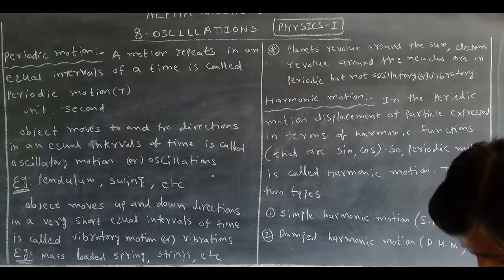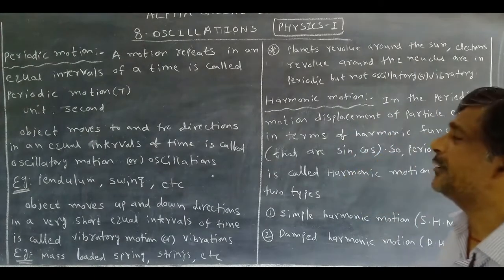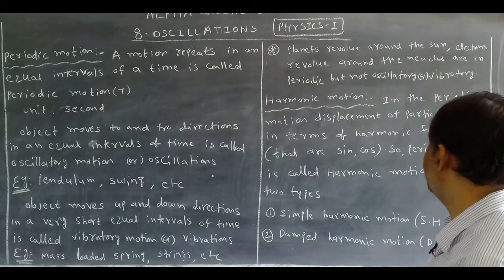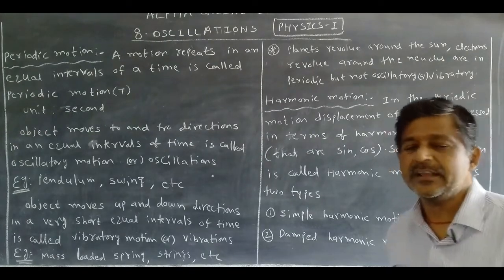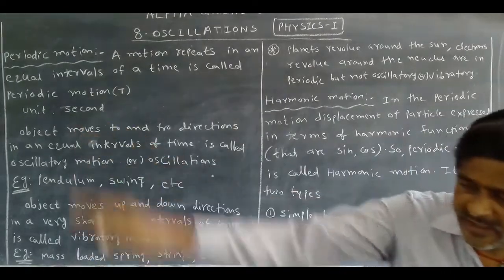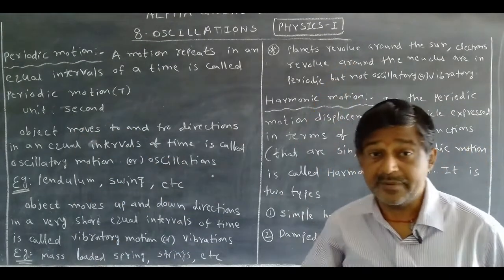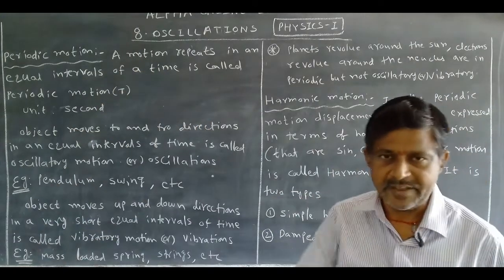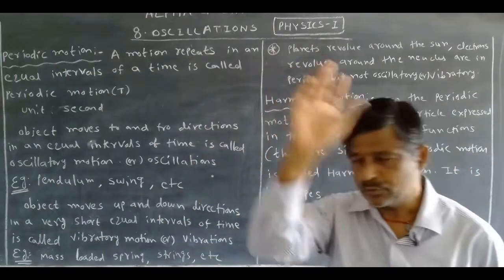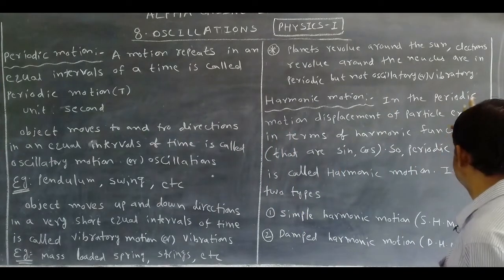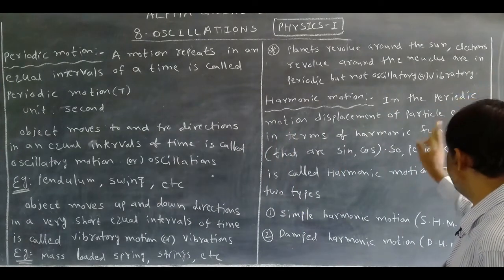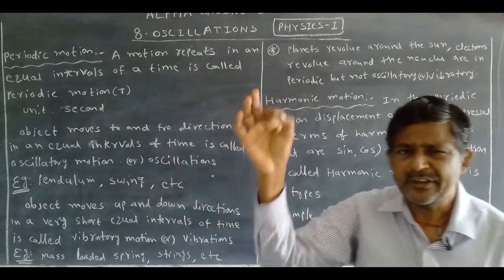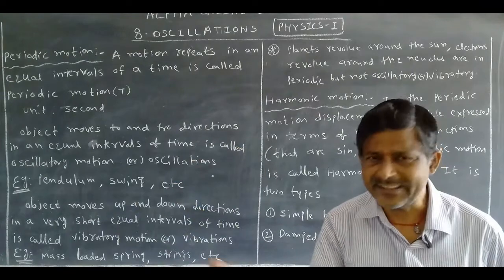Now, harmonic motion, this is another technical word in this chapter. In periodic motion, either oscillatory or vibratory, only these two, we consider the displacement of a particle. A pendulum is a combination of a number of particles.